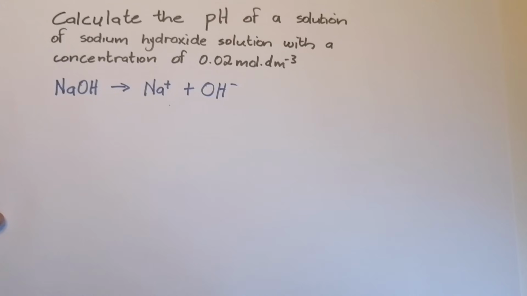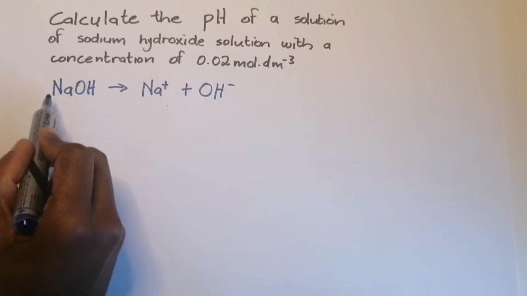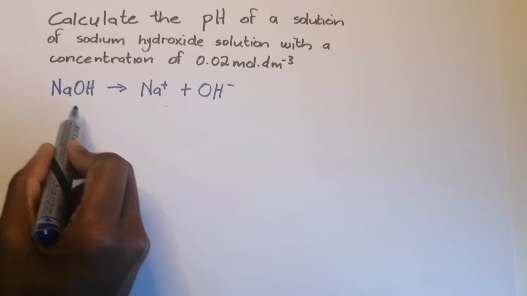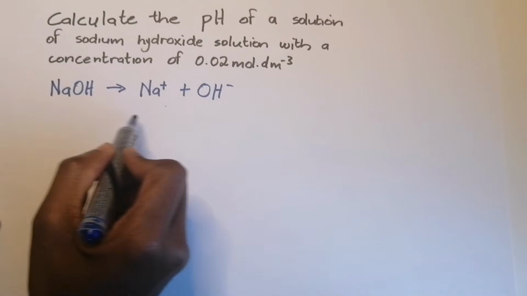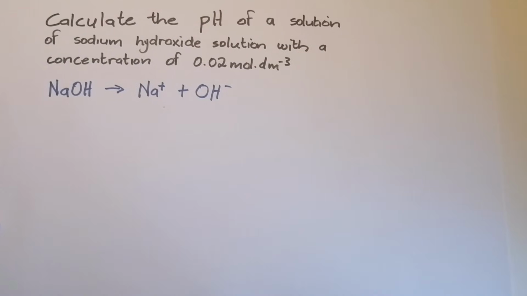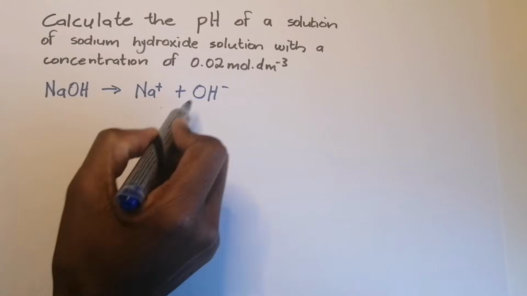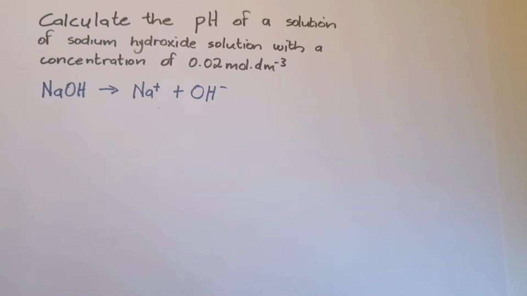This simply means for every 1 mole of sodium hydroxide, I get 1 mole of hydroxide ions. For any amount, remember this happens in the same volume. So that's why I can even use concentration, right?